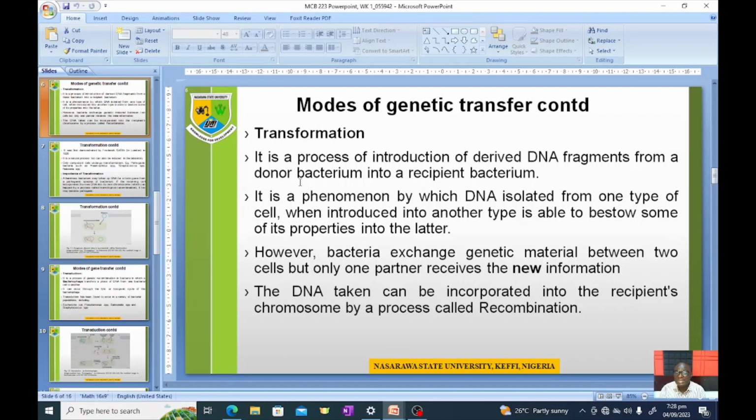The DNA taken can be incorporated into the recipient's chromosome by a process called recombination. When the DNA fragment is let into the recipient bacterium, there is recombination with the chromosomal DNA of the receiving bacterium, such that the cell is now transformed into a different cell, having components or structures that ab initio were not there.